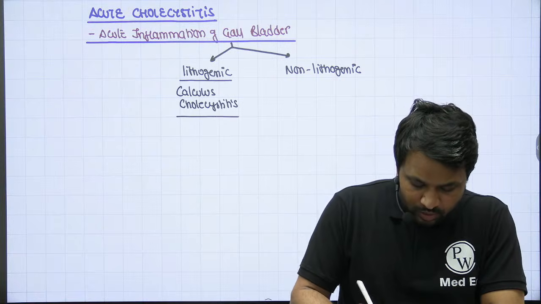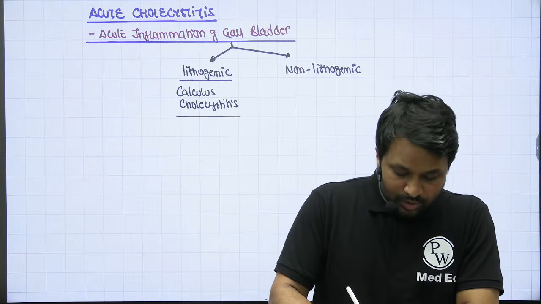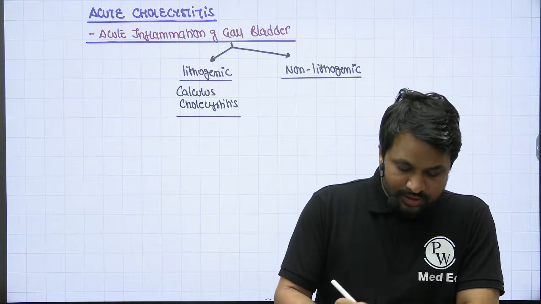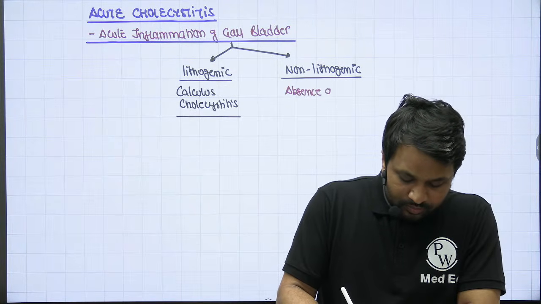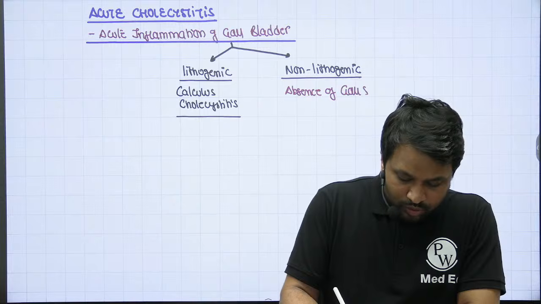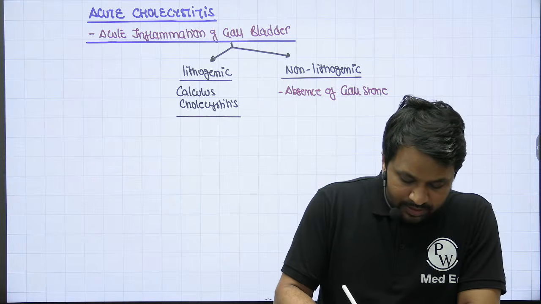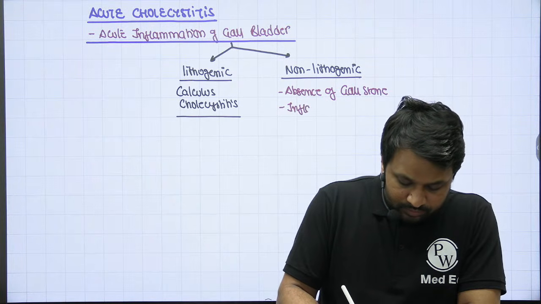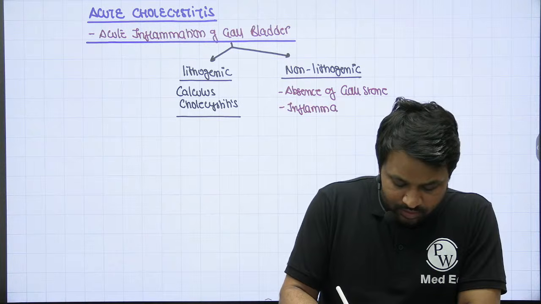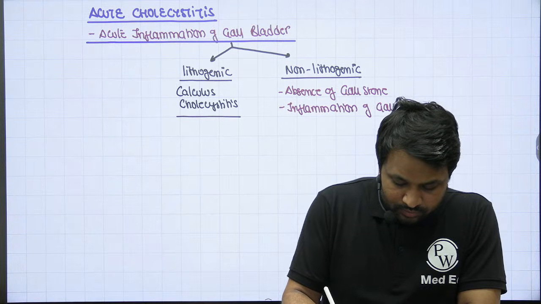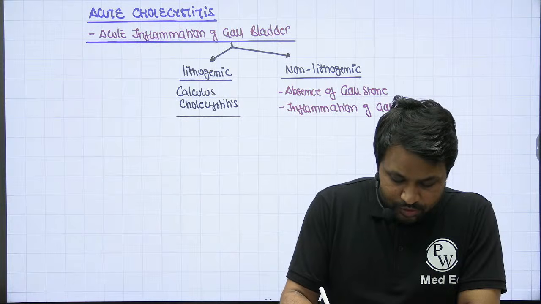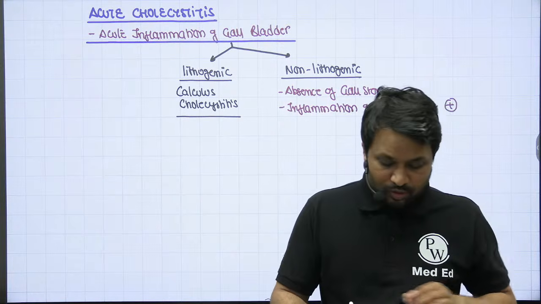Non-lithogenic is without the gallstone, there is an inflammation, right? There is absence of gallstones, but there is presence of inflammation of the gallbladder.